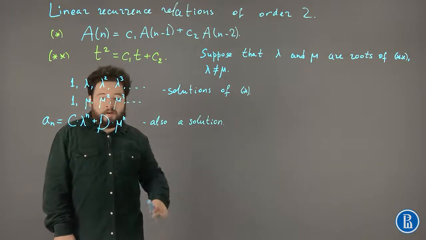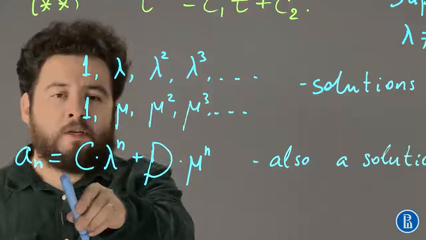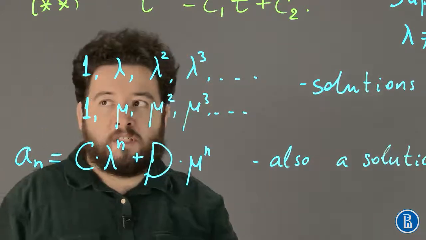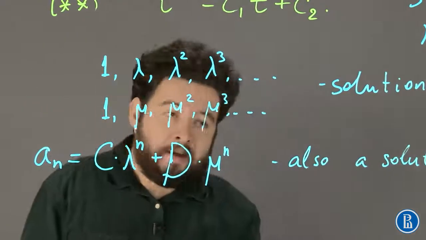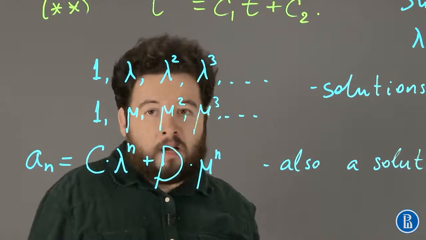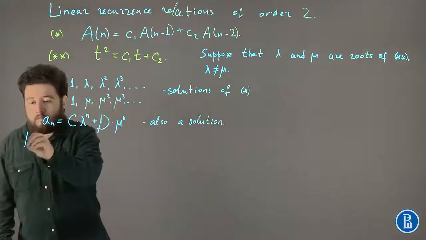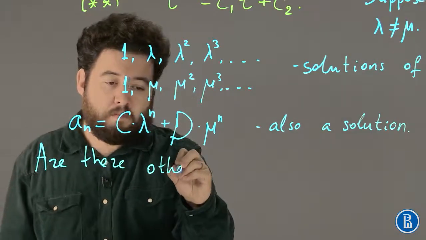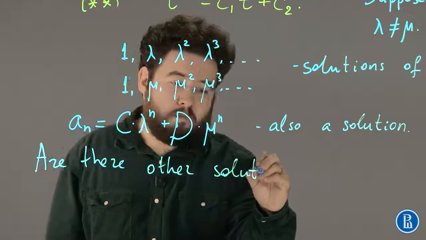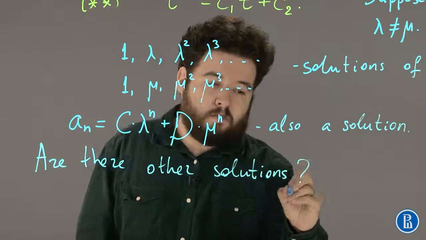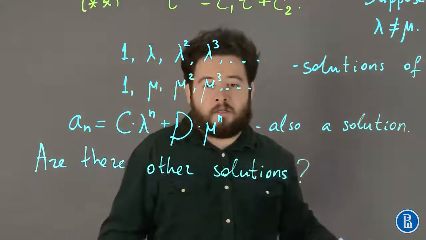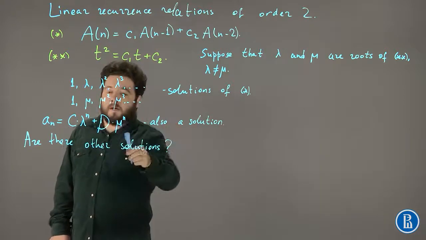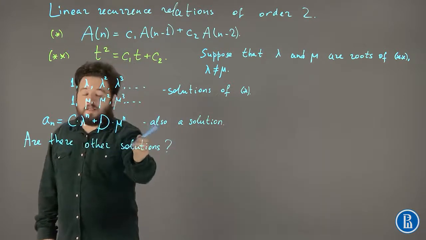For arbitrary capital C and capital D, we have a solution which is a combination of these two with these coefficients. Okay, the question is, are there any other solutions? We'll show in a moment that the answer is negative, that any solution of this equation can be represented in such a way for some C and D.